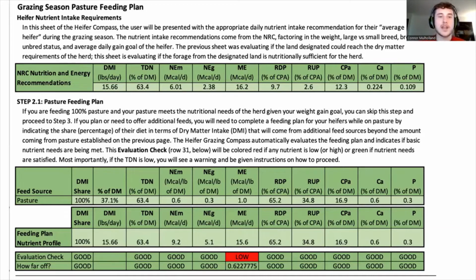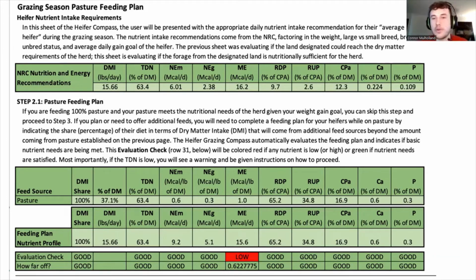This is from the latest NRC publication, and based on the heifer herd size, breed, pregnancy status, and target daily gain, that is the nutrient loadout that a heifer should hit on a daily basis to make sure that they can actually reach that average daily gain. We compare that to 100% pasture feeding plan, because previously in last sheet, they selected to do no supplementation. So we're going to assume 100% pasture then.